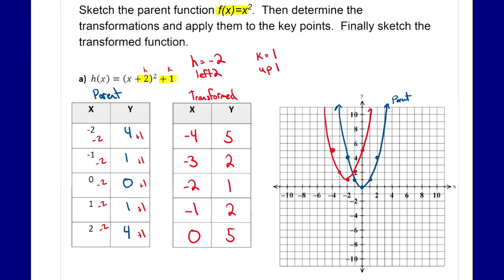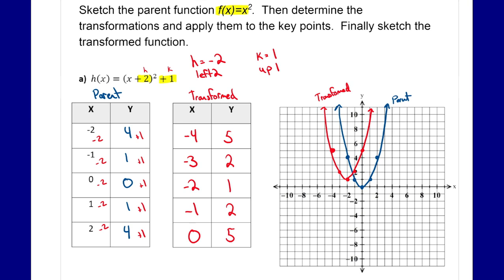So now I've graphed my function. This red one is the transformed. And we can see from the key points, compared to the parent function, this function in red has been shifted to the left 2 and up 1. So that is now my transformed function.